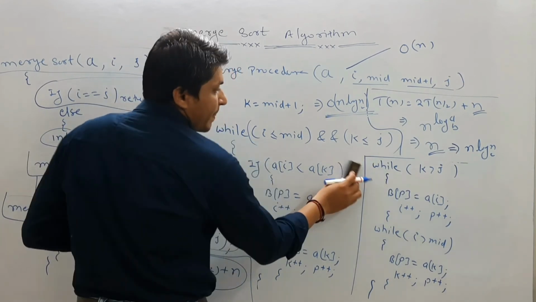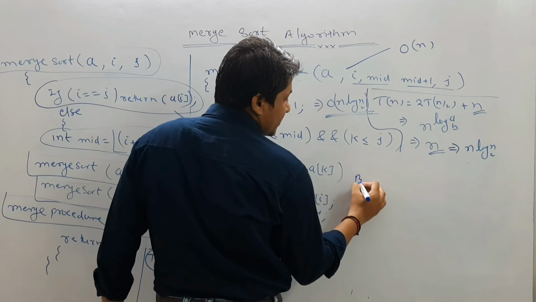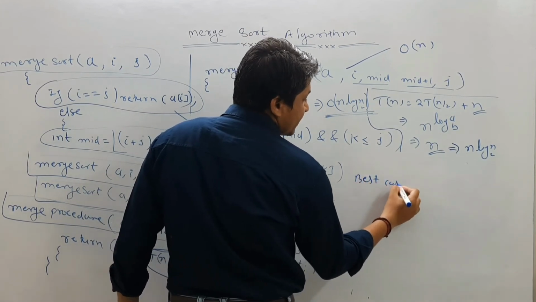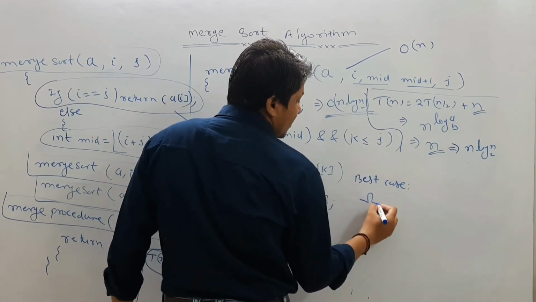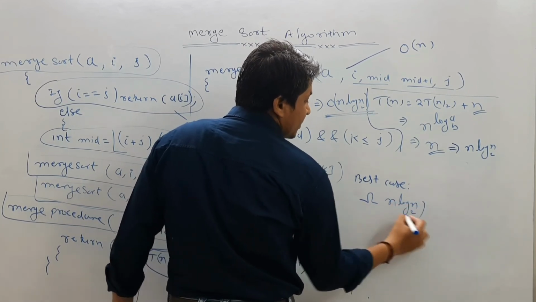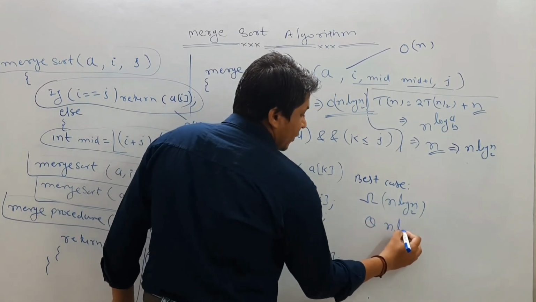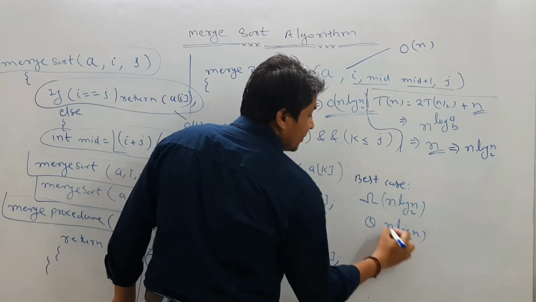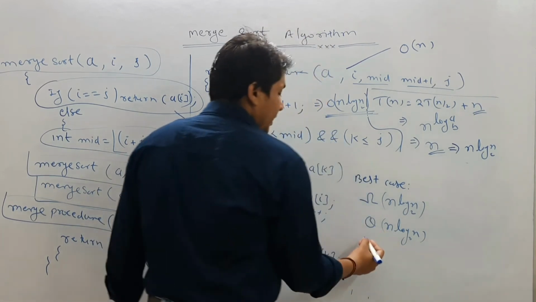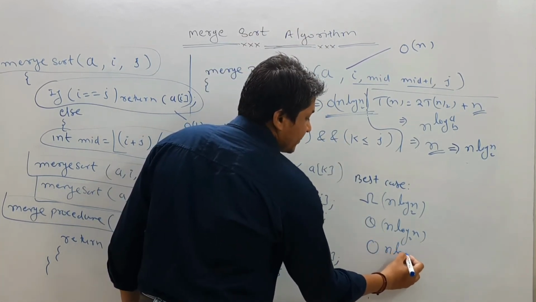Let me write. Best case time complexity is big omega of n log n, in the average case it is theta of n log n, and in the worst case it is big O of n log n.